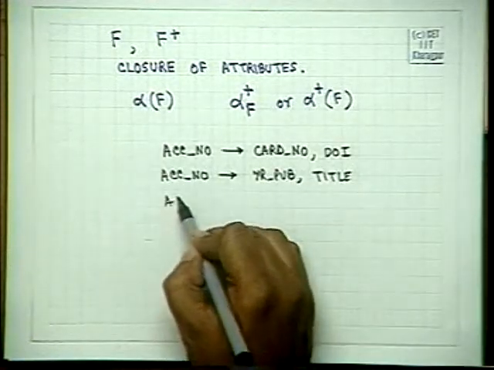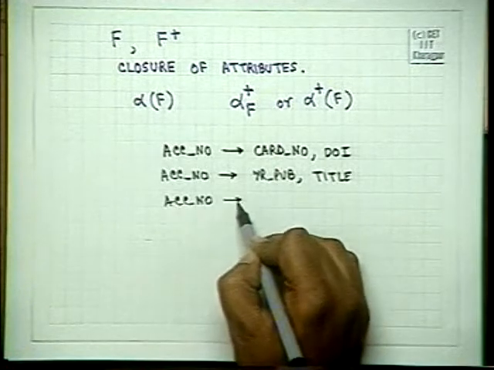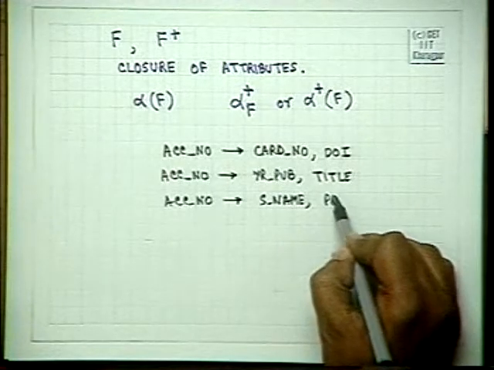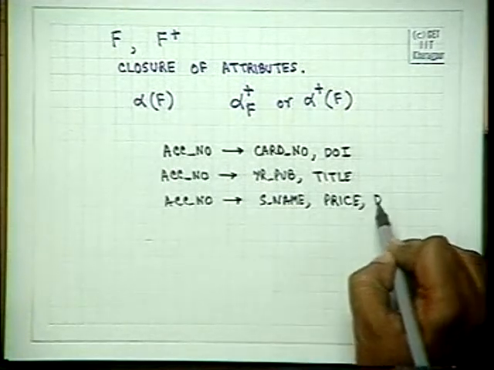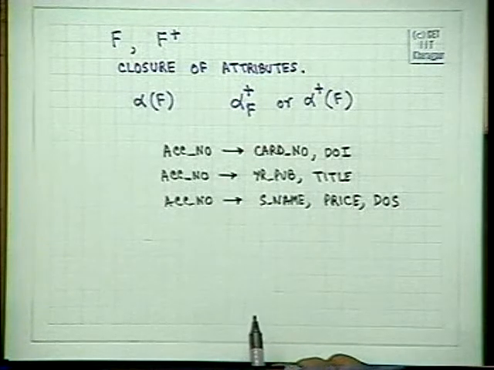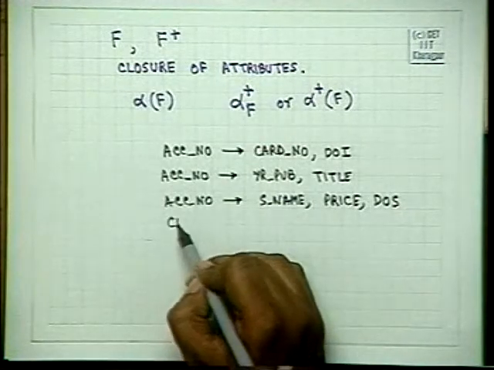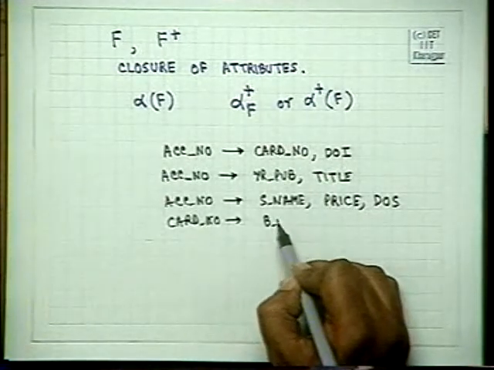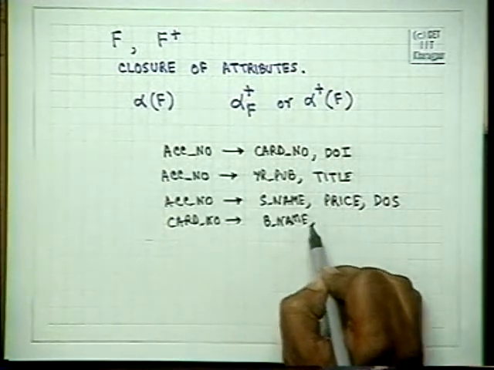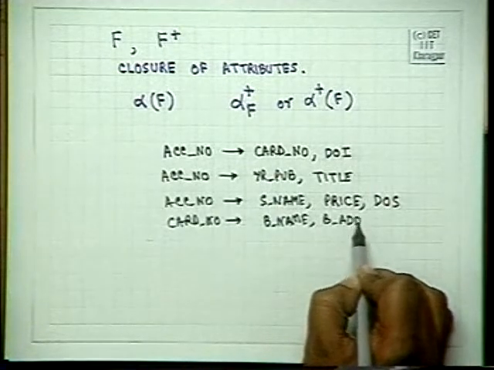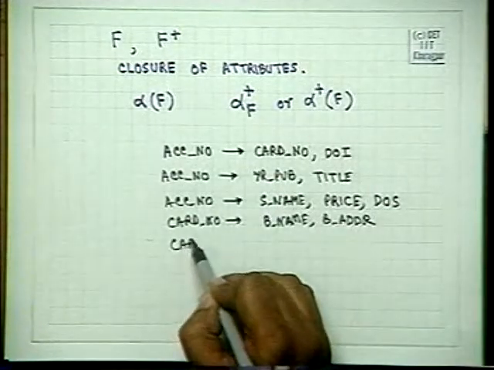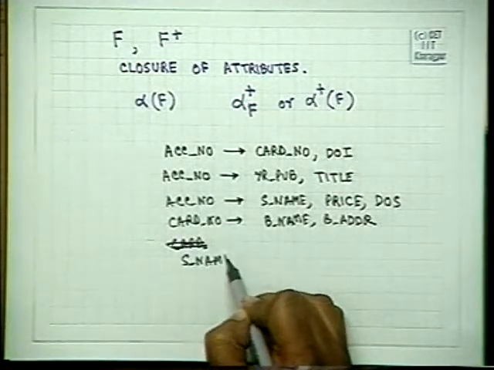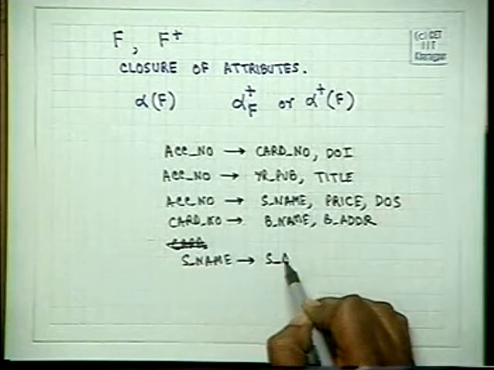We also had accession number to S name, price and date of supply. We had card number to borrower's name and borrower's address, and we had S name to S address.